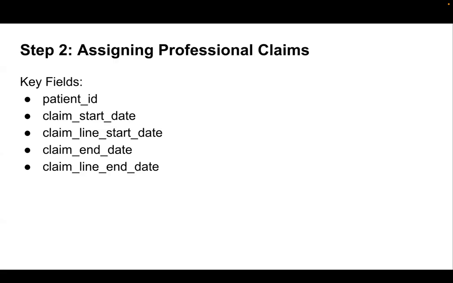Now that we've built the base encounter from the institutional claims, let's assign professional claims. The key fields we're going to use to do that are the date fields from professional claims and, again, patient ID. And again, we're going to coalesce claim start date and claim line start into a single professional start date field.